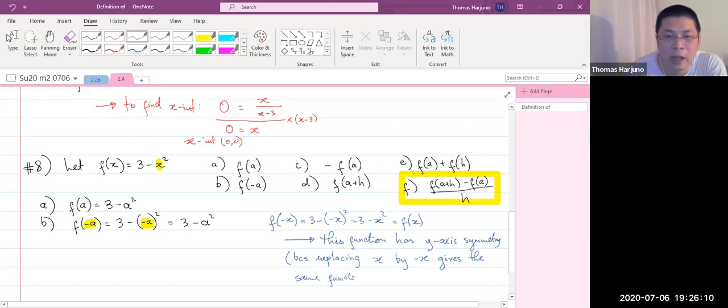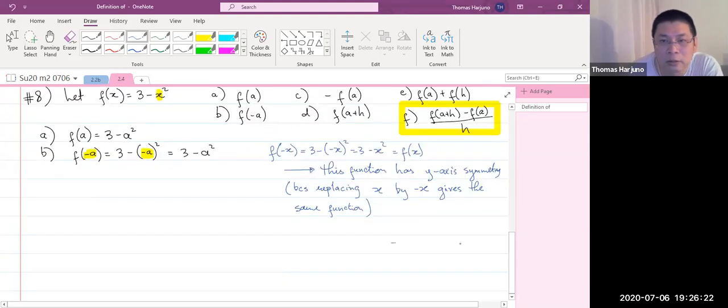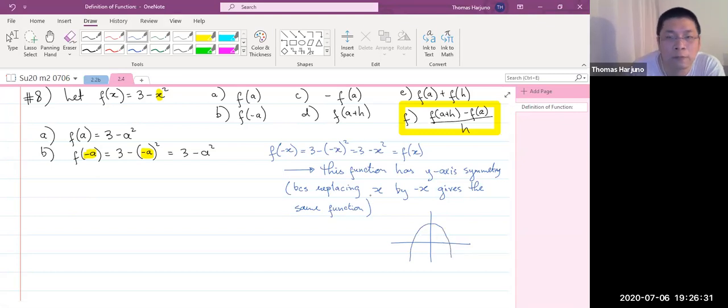But replacing x by negative x is basically reflecting the graph of that function with respect to the y-axis, right? So I believe the graph of 3 minus x squared looks like this.